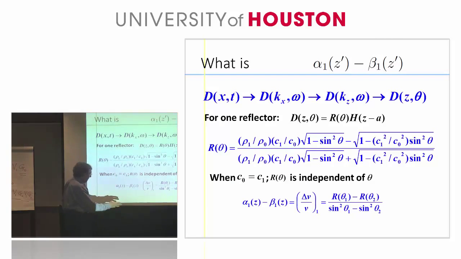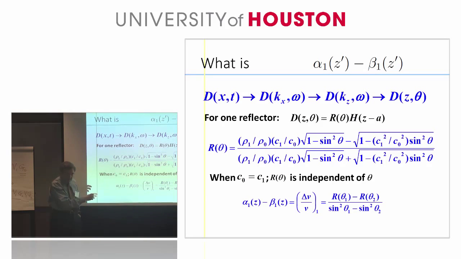So what is this about? Let's look at a reflection coefficient. This is essentially a reflection coefficient as a function of angle. This is an exact expression for the reflection coefficient in an acoustic medium, where it's C0 rho 0 and C1 rho 1. This is like Zoeppritz's, but for the acoustic, it's simpler.